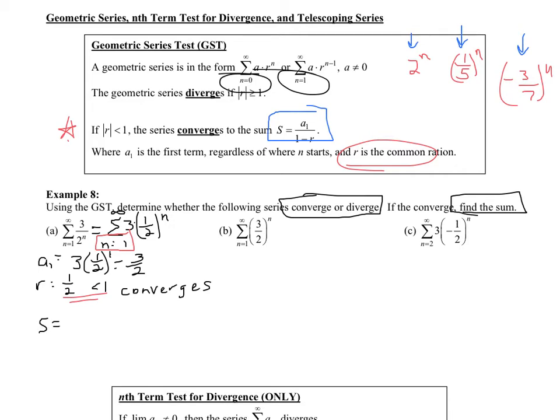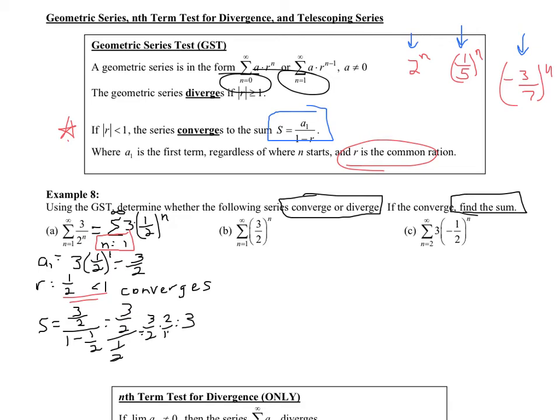S equals 3/2, which is a sub 1 over 1 minus r. Oops, I should actually write what r is, which is 1/2. So minus 1/2, which is 3/2 over 1/2, which is 3/2 times 2 over 1, which is going to be 3.